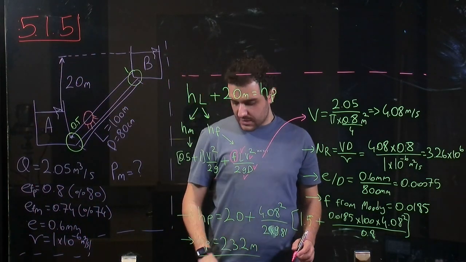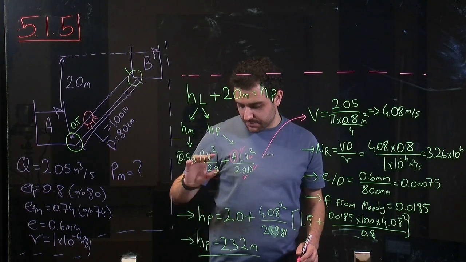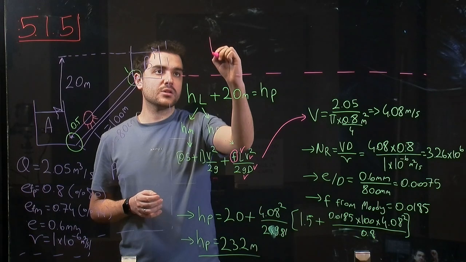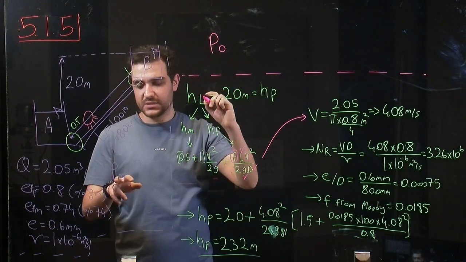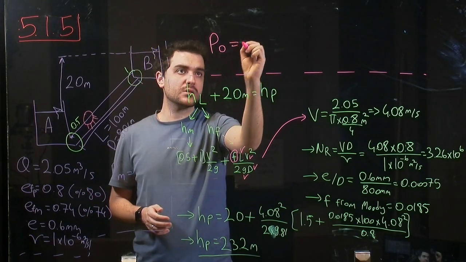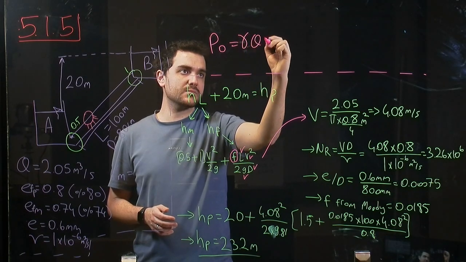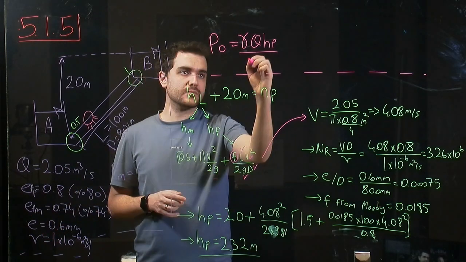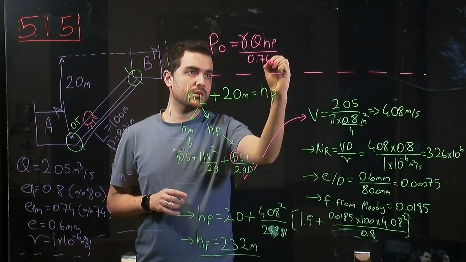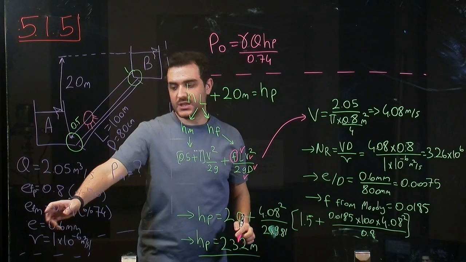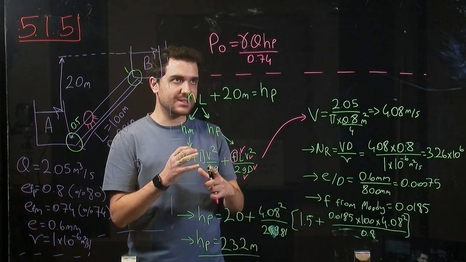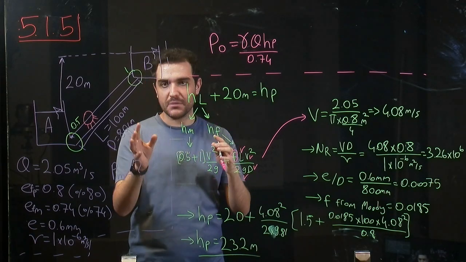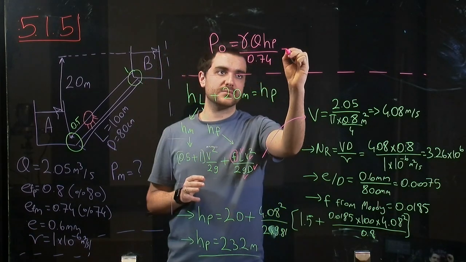Okay, so we need to find the power requirement for the motor that drives the pump. To find the power, this was our equation, and we have an efficiency. So we need to use the efficiency of the motor because it is the tool that drives the pump. So we use that here.